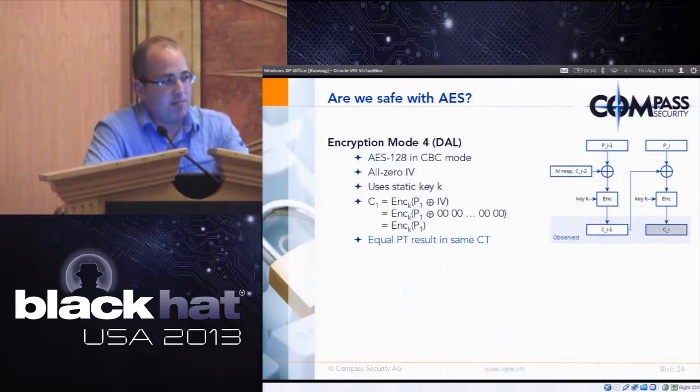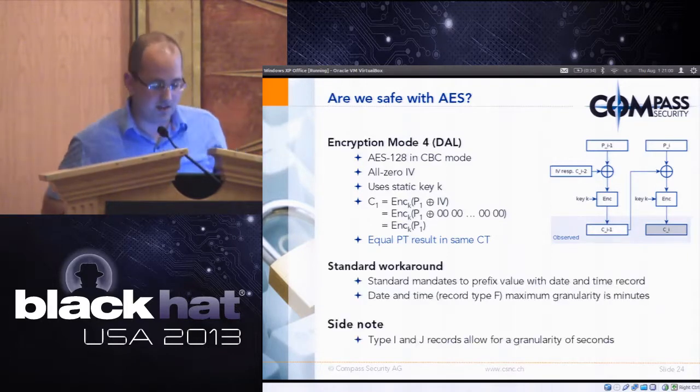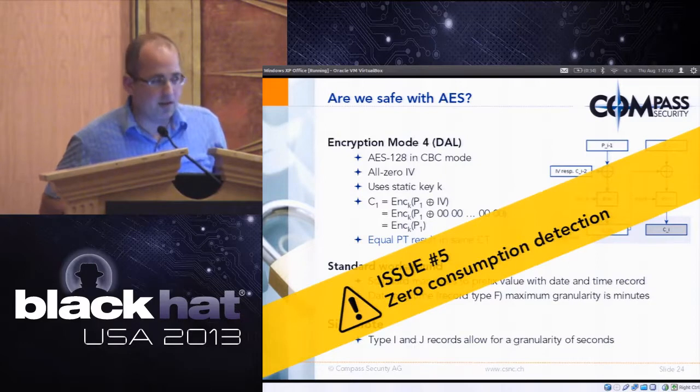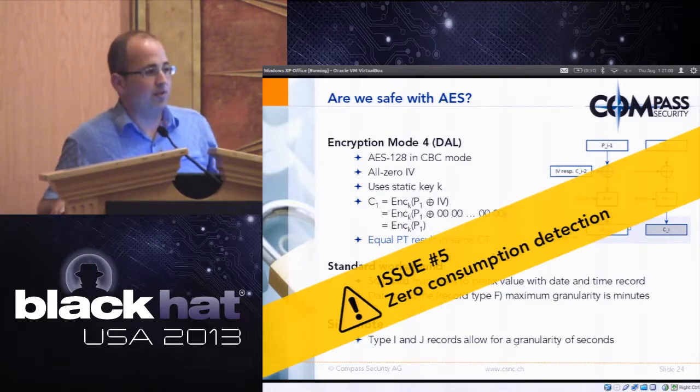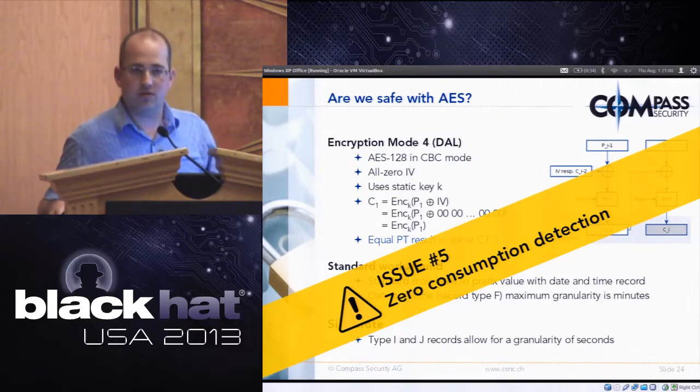So same plain text inputs will result in same ciphertext outputs. So what we could do with it is detect zero consumption. So we could detect whether someone is using energy or not. We know exactly when to rob the house and when not.